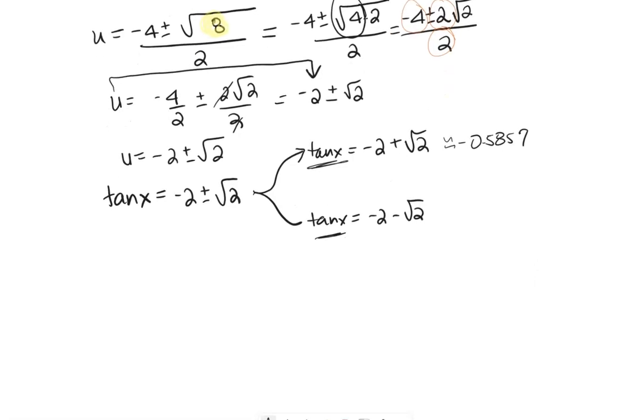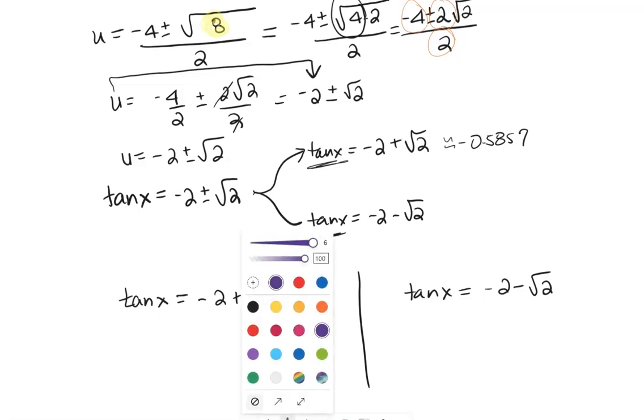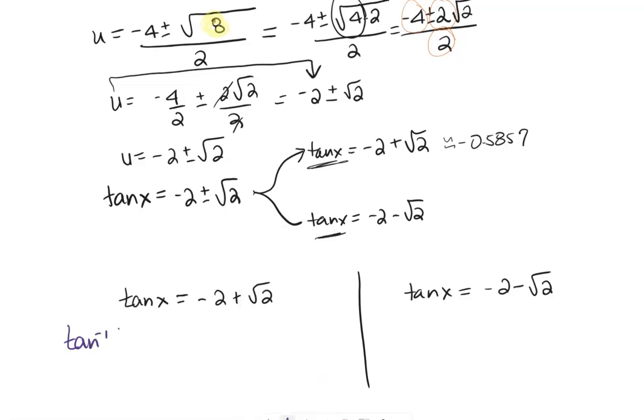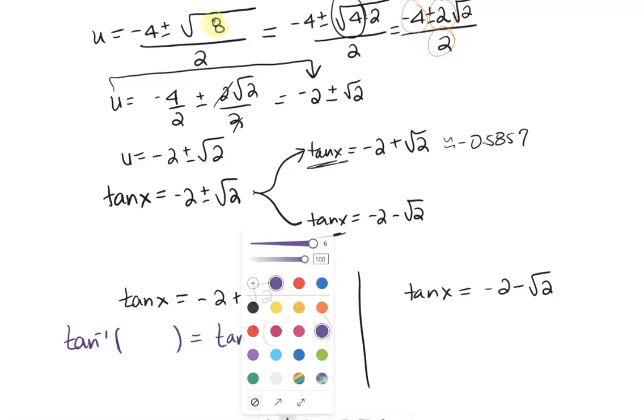So let's keep this. How can we get just x from tan x equals -2 plus square root of 2? And how can we get just x from tan x equals -2 minus square root of 2? Well, we can do the inverse tangent of both of these.